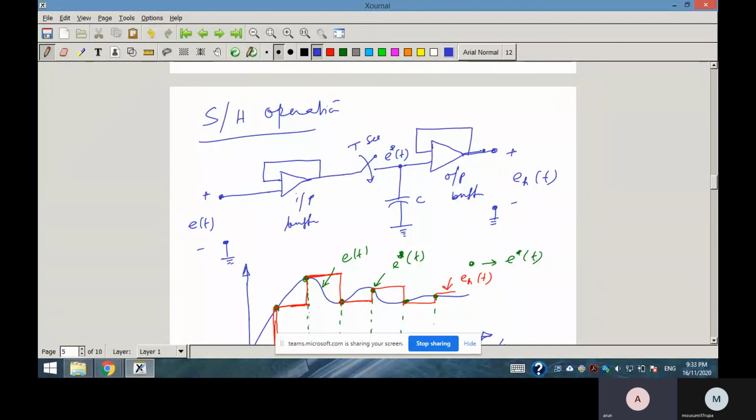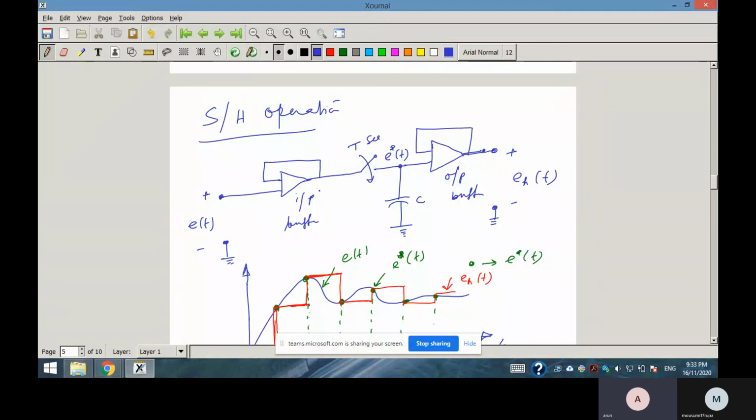So the input buffer will have very high input impedance and low output impedance. Very high means infinite input impedance and zero output impedance.